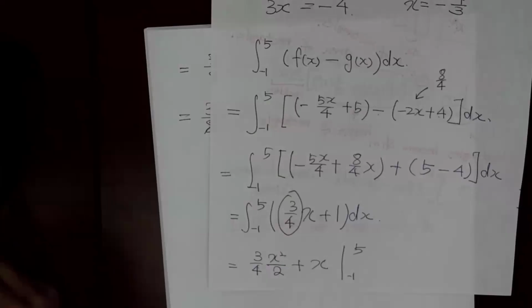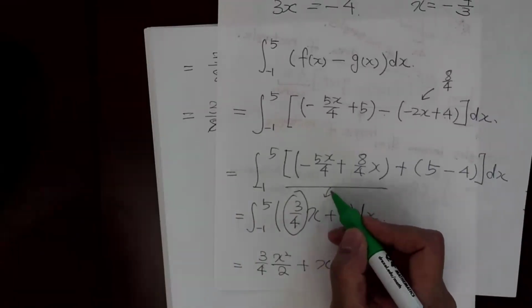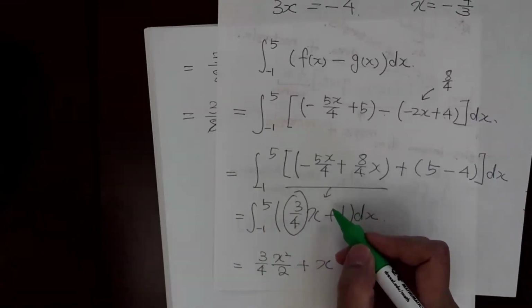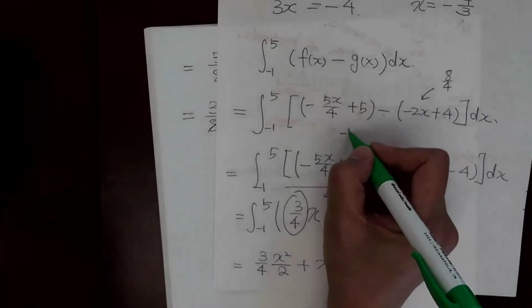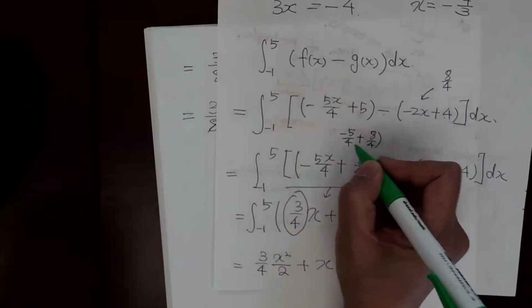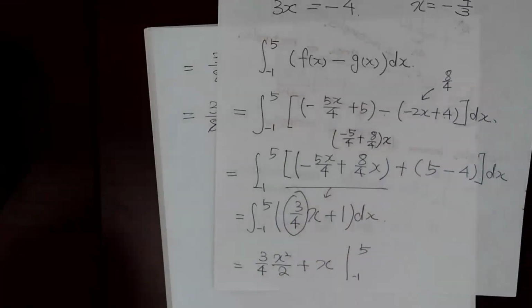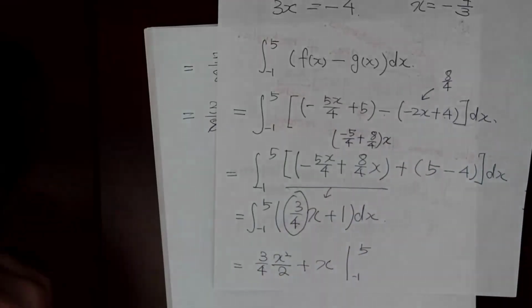How did you get from the top equation to that? From here to here? Okay. And so that is negative 5/4 plus 8/4 x, right? Yeah, the denominators are the same, so we just do the operation with the numerator. Yeah, that makes sense.